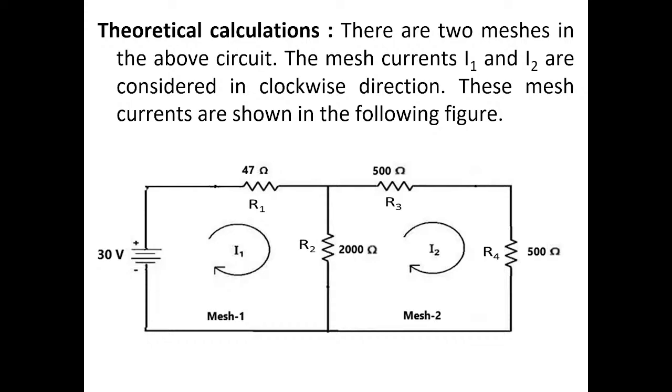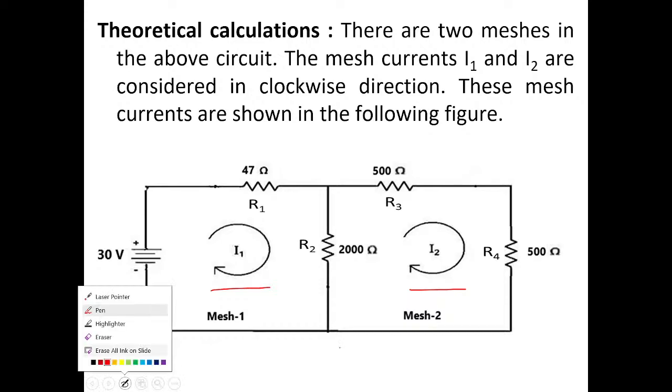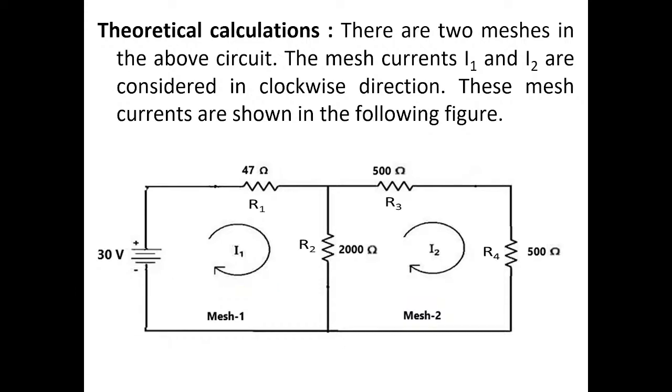Whatever I have shown you in this diagram, you need not follow. I have assumed both loop currents I1 and I2 in clockwise direction, but if you want, you can assume otherwise.